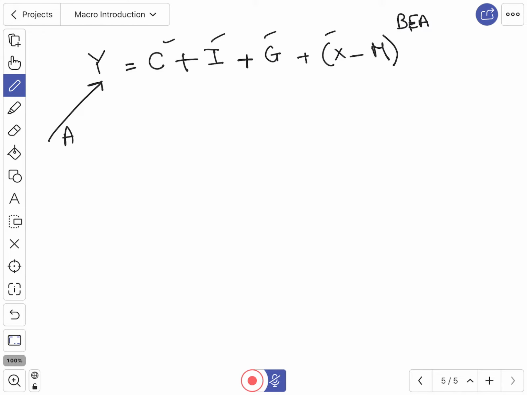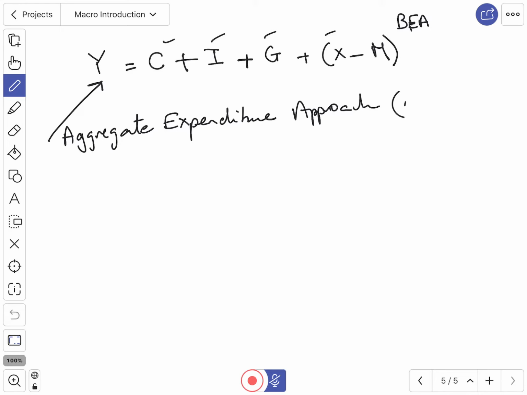the Aggregate Expenditure approach. Okay, so from now on I'm going to say AE approach, the Aggregate Expenditure approach. Okay, an alternative way is called the value added approach.